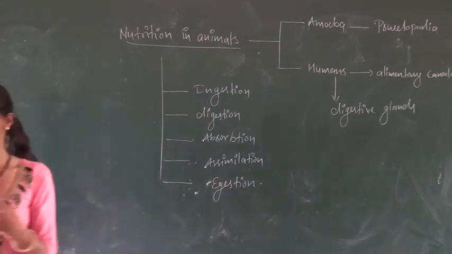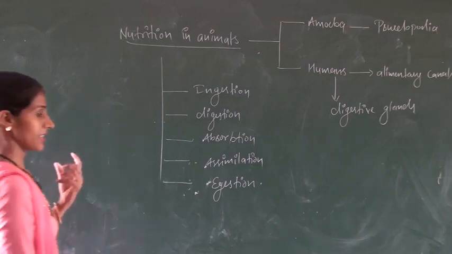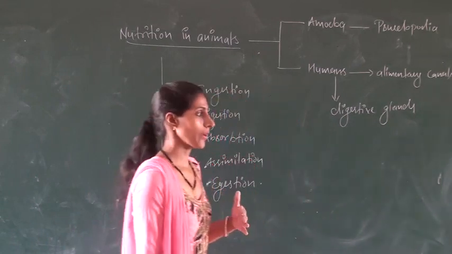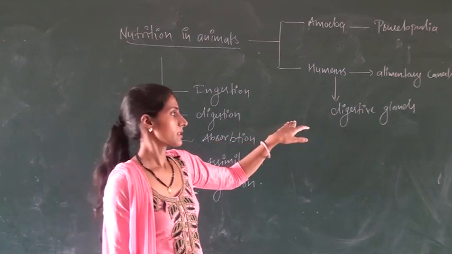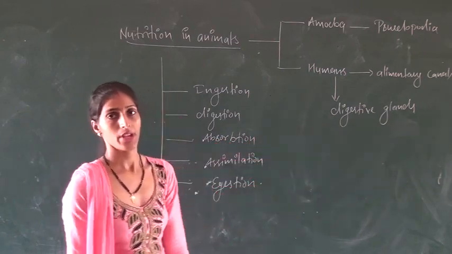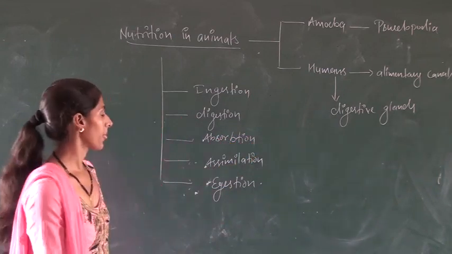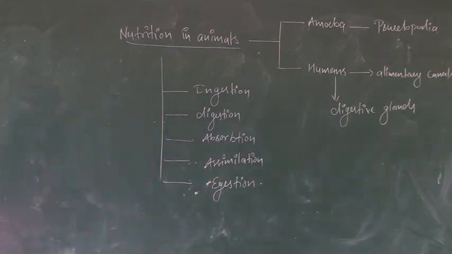In the digestion process, the food which is taken in is broken down into simple substances which are soluble in water. After that, the third step, absorption of food, takes place.